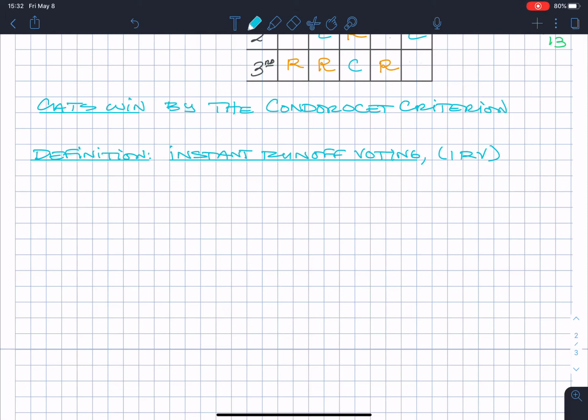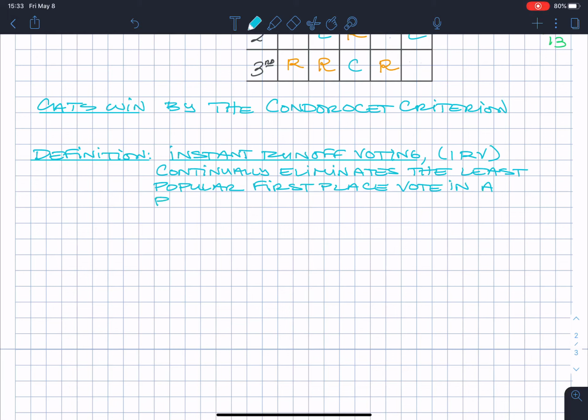It continually eliminates the least popular first place vote in a preference ballot.